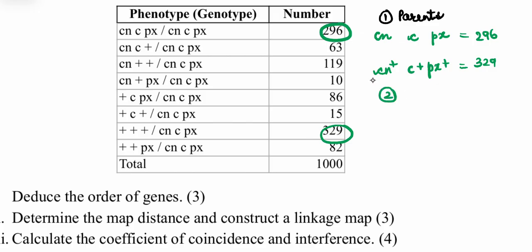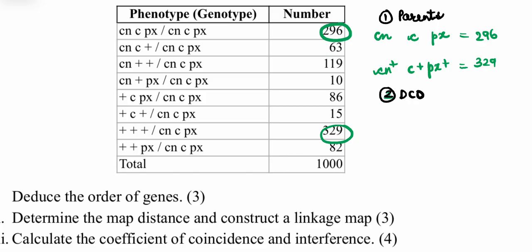The second step would be identifying the double crossovers. Now double crossovers are very easy to identify. I'll mark them in pink. All those progeny which are least in number will be the double crossovers, because the chances of recombination at two genes is very less.